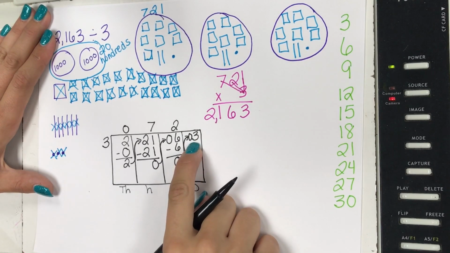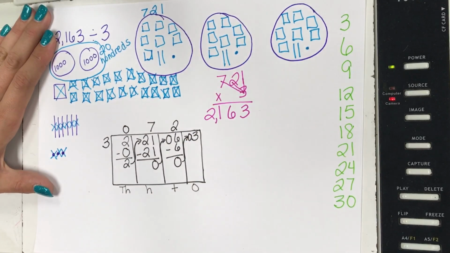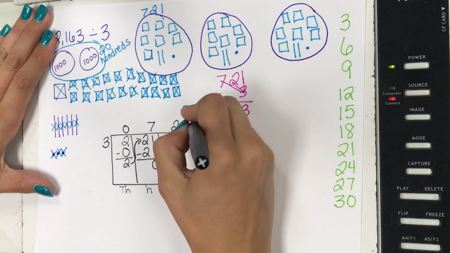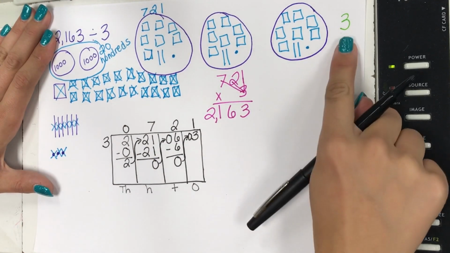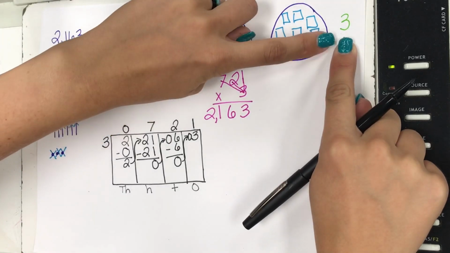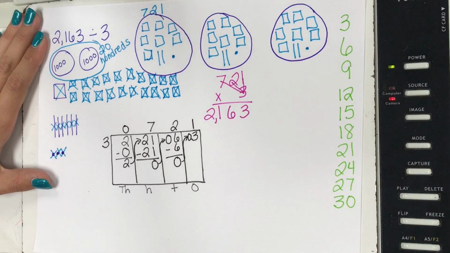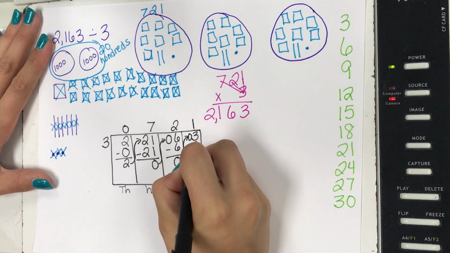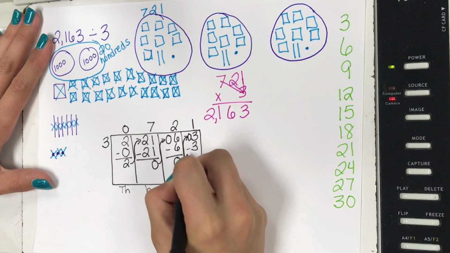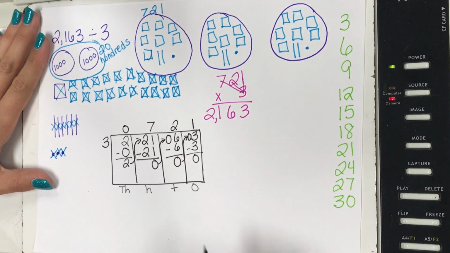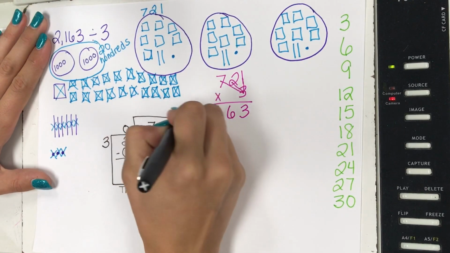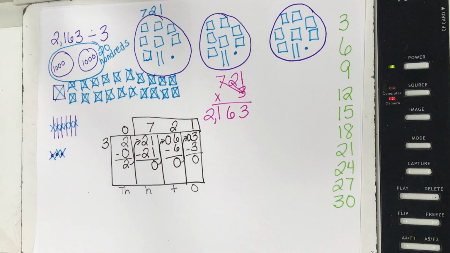If I have 3, how many can I give each of those 3 circles? I can only give 1. The first multiple that's bigger than 3 was that 6, and I only had 1 number above it. So how many did I use? 3. So how many do I have left over? 0. Hey, look. 721 again.